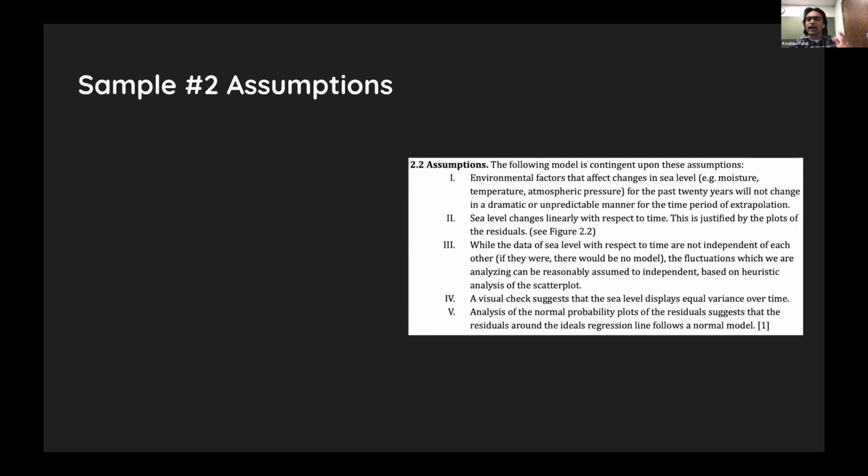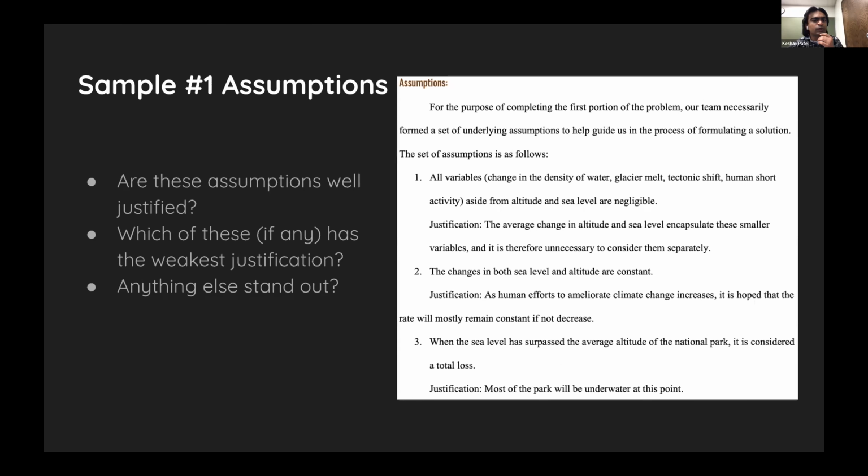This one is from a middle of the pack kind of solution, and this one right here was closer to the bottom. They basically were able to give a solution to the first part of the problem, and then they weren't able to really get much out of the other 2 parts. So this is how I've stratified our samples for today, so that you all can get a sense for what's really good, what's top tier, and what's maybe not going to get you very far. Okay.